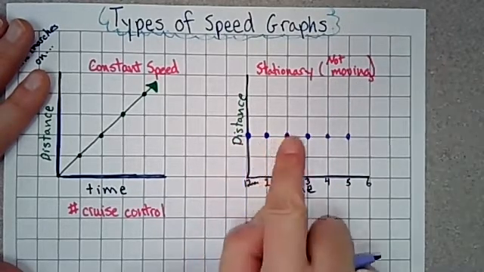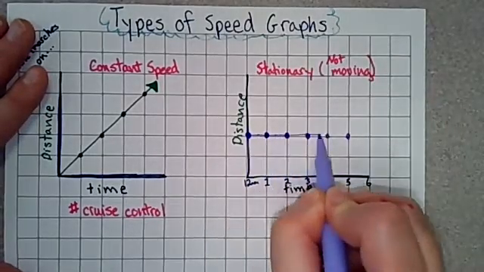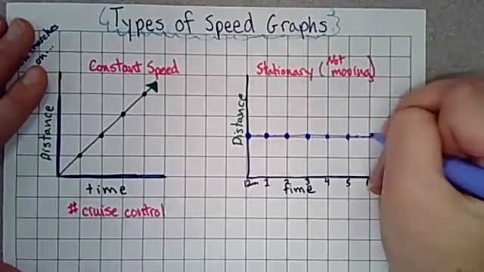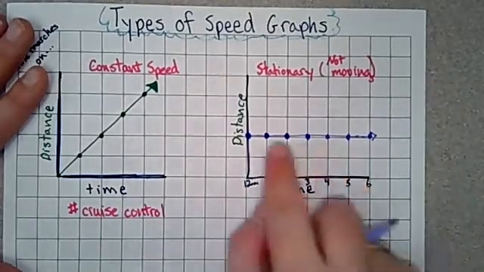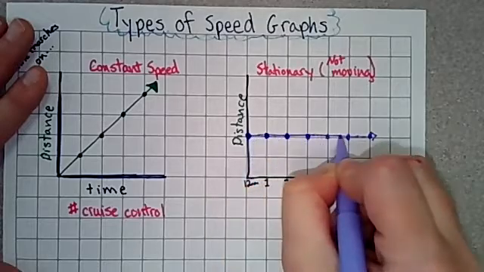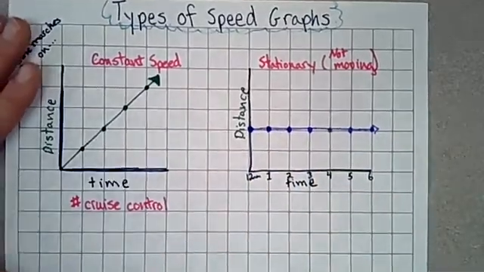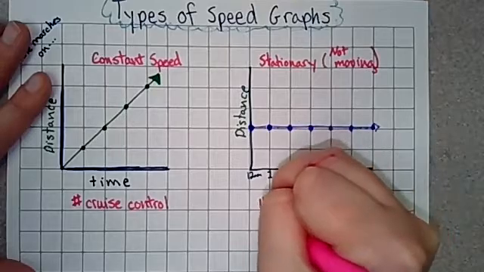So as time marches on, he is not moving at all, okay? He is staying in one place. Now, time is keeping on going, but no matter what's happening, he is in one place, okay? We're going to call this hashtag flatline.